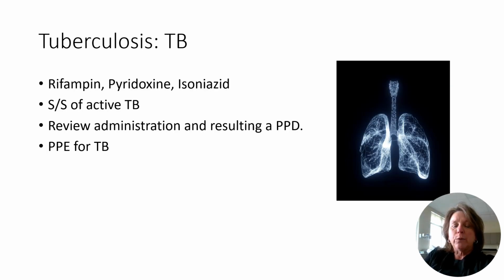So one of the things that we've been studying is tuberculosis, or TB. As you look at this slide, you see the lungs over there. It is definitely a disease process that can affect our lungs. We know that. We talked about the history. We talked about people having to mask in their own homes to protect others that are in their house.